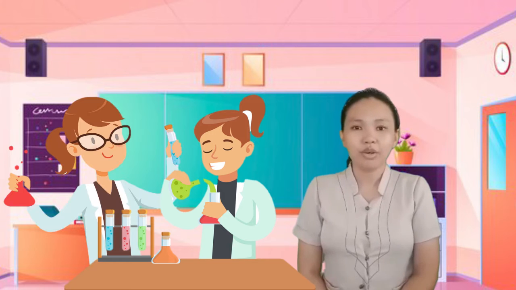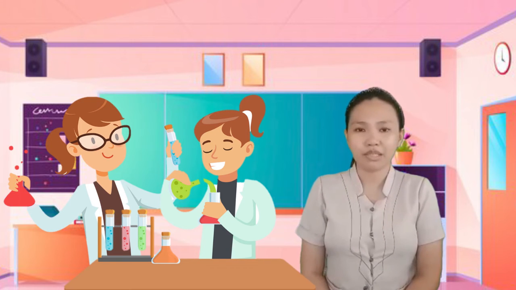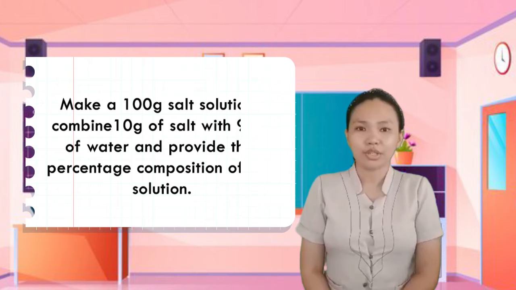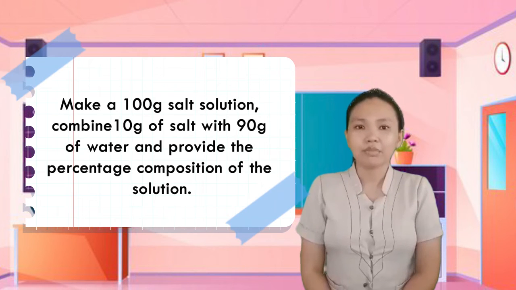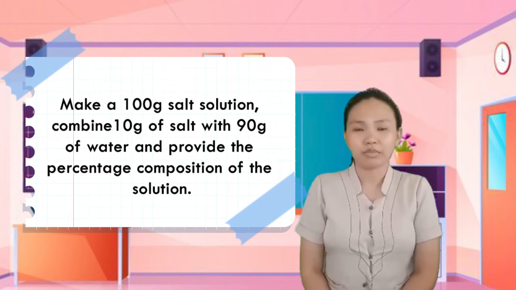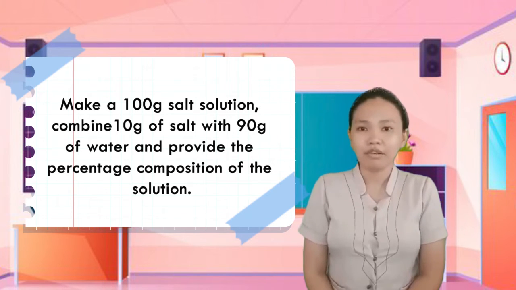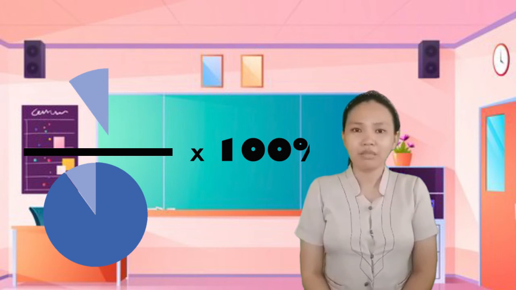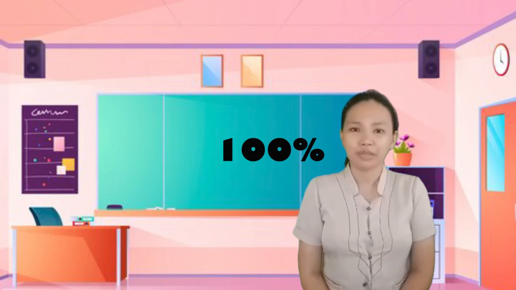In the laboratory, you may be tasked to perform experiments that require you to make solutions or to verify the purity of substances. If you are asked to create a salt solution by combining 10 grams of salt with 90 grams of water to create 100 grams of salt solution, and verify what is the percentage composition, what we're going to use as the formula is part divided by whole times 100%.